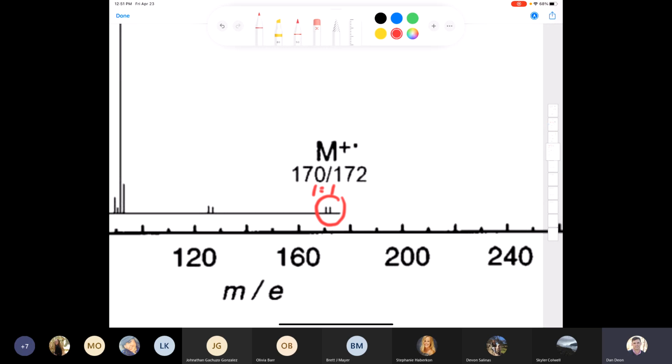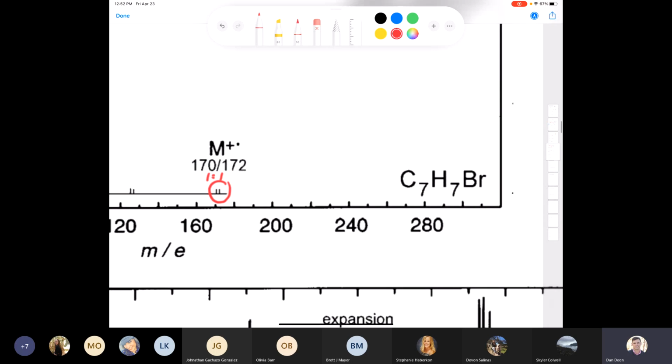Advita says 2 equal peaks. Exactly, right? The relative abundance of bromine 79 and 81 is 51 and 49%. And so we get roughly a 1-to-1 peak height for the molecular ion and the M plus 2 peak. So that tells me that I have bromine in the molecule. And if you're like, Mr. Dion, I knew that from the formula, well, maybe I'll give you a question where I don't give you the formula, so you'll have to figure that out.